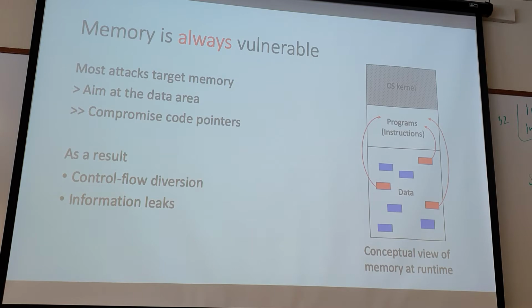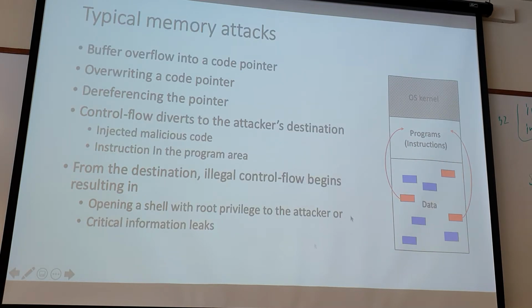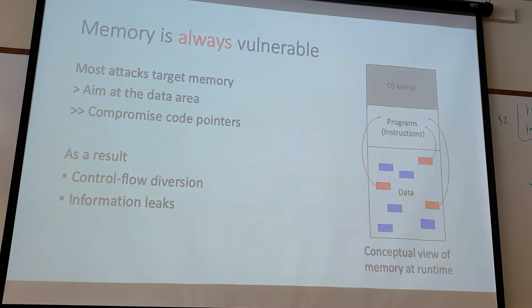With the compromised code pointers, attackers can divert control flow to the locations they want. I think that Robert explained much about it. Or they can disclose control information such as return addresses.